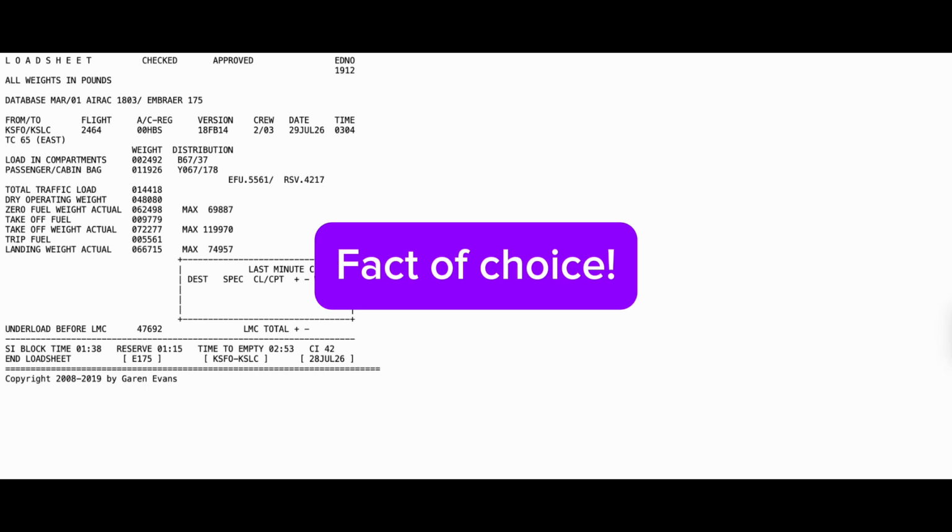Alrighty. This is an image of a load sheet which will show you all of your weights, which is your fuel, your passengers, everything you need to know. So the second new fact that I learned is that pilots do not only plan enough fuel to reach the destination, but they also plan extra fuel just in case something happens or changes during the flight.